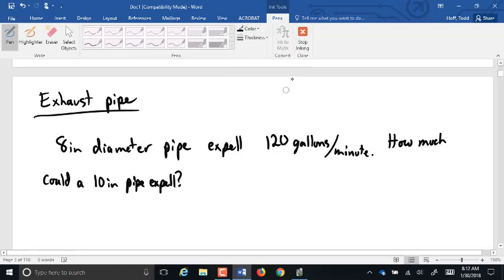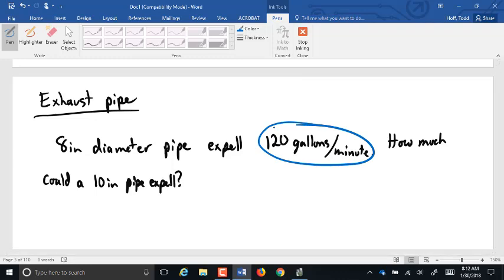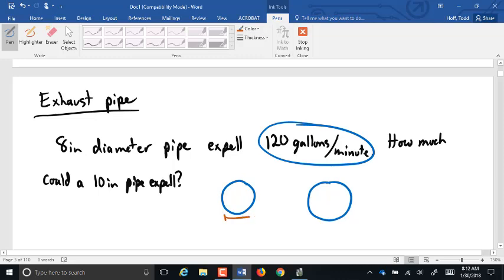Now, this one's confusing because this number right here is a volume. Well, it's a rate, but it's assuming volume, right? You see gallons, you think volume. But are we changing the volume of the pipe? We went from 8-inch diameter to 10-inch diameter. What we changed was the cross-sectional area of the pipe.